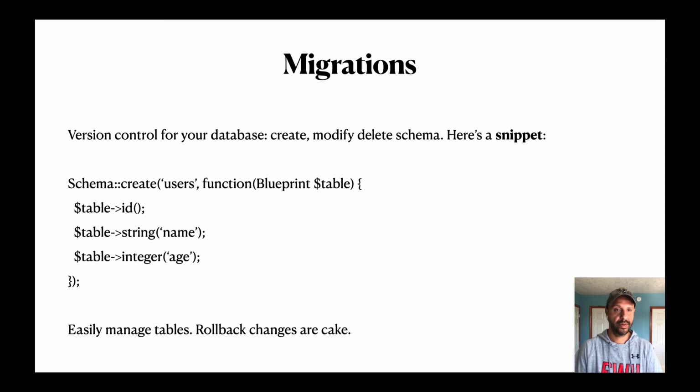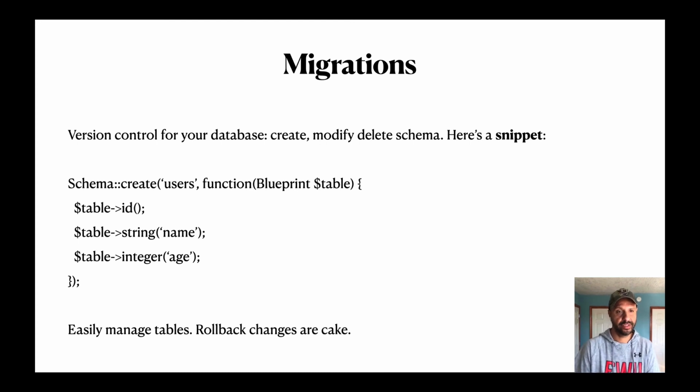Another concept I want to talk about is migrations, which is version control for your database. So it allows you to create and modify and delete your database table schema. And like the create SQL statement from the slide before, here's the exact same version in a Laravel migration.